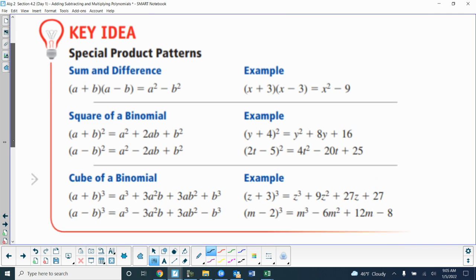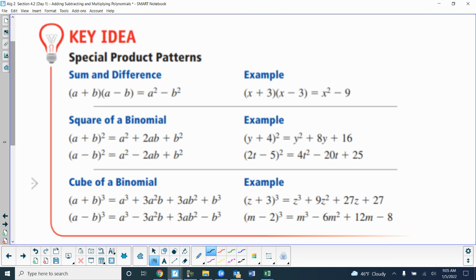All right, I think I've showed you this shortcut before for the binomials, where you take the first term, the a, and square it. You multiply the a times the b, and then times 2, that's 2ab. That's how they got that. And then you take the second term and square it. So if we look at this one, square the y to get the y squared. Multiply 4 times y, which is 4y, times 2. That's where the 8y comes from.